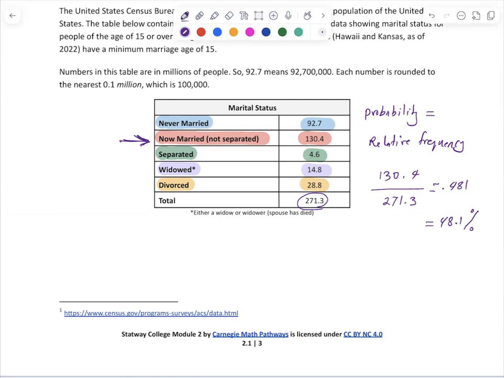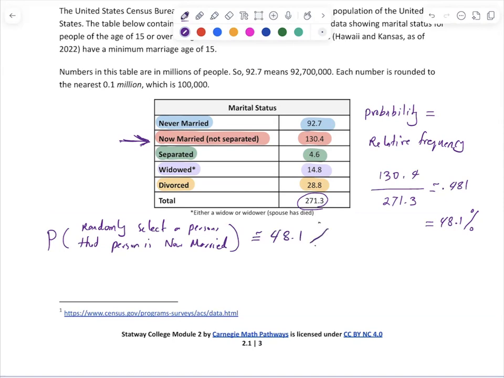Another way to write down this number is the probability that we randomly select a person, and that person is now married, is about 48.1%.